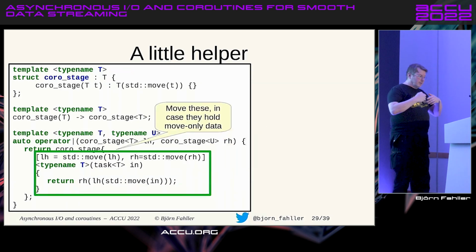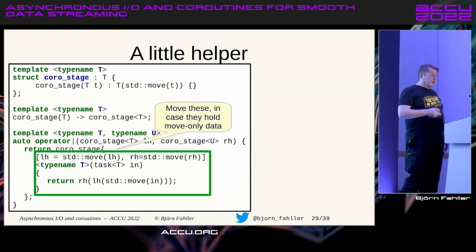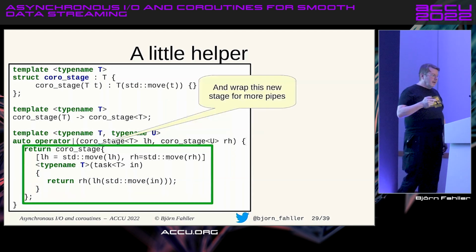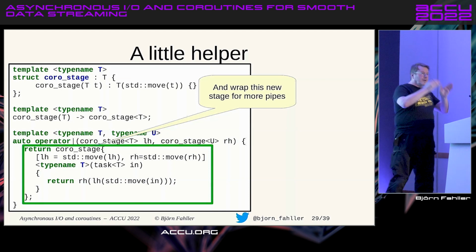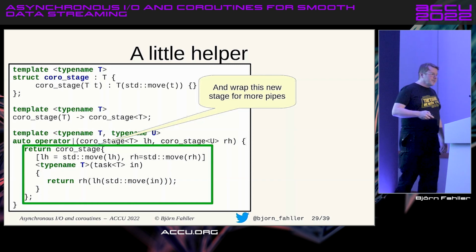And then we ensure that we capture by move, because these will be move-only objects, because my coroutine task types hold the promise by unique pointer. So they are not copyable. And then I wrap it in a Coro stage so that we can call several pipes after each other, creating bigger and bigger Coro stage objects.